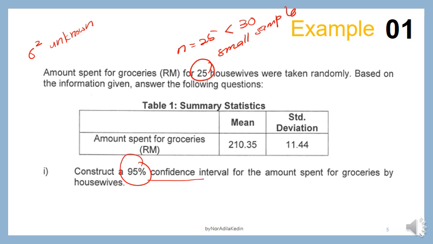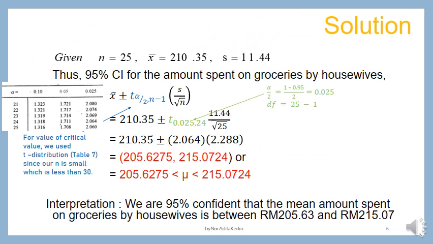Kalau small sample, nanti kena refer T distribution table. So, kita tengok daripada soalan, dia bagi awak n sama dengan 25, mean dia daripada table 210.35 and standard deviation 11.44. Thus, to construct a 95% CI for the amount spent on groceries by housewife, kita pakai this equation.